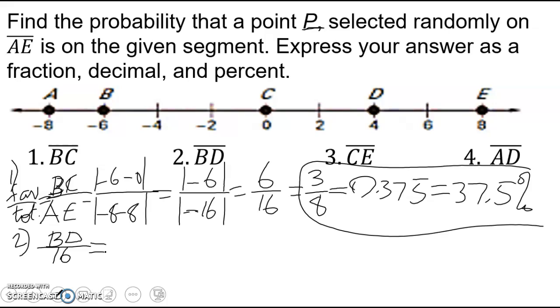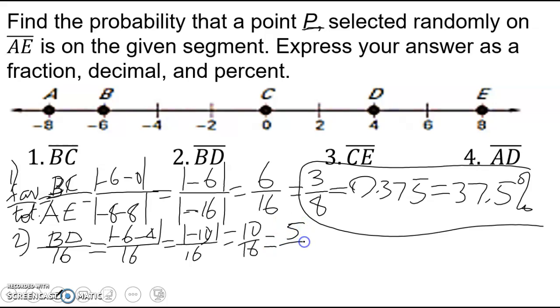B is -6, so it's absolute value of -6 minus D, which is 4, over 16. That's -10 over 16, which is 10 over 16. If we divide both by 2, you get 5 over 8. And that is in simplest form.